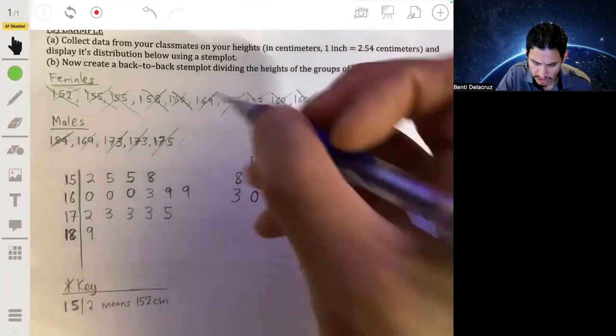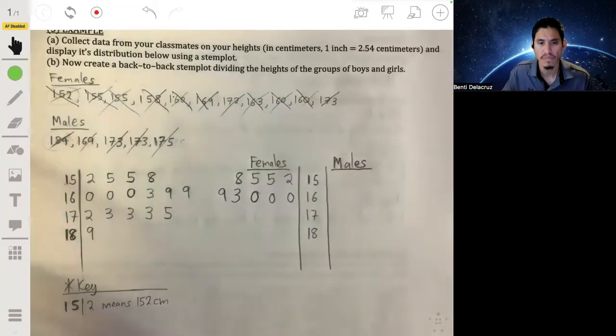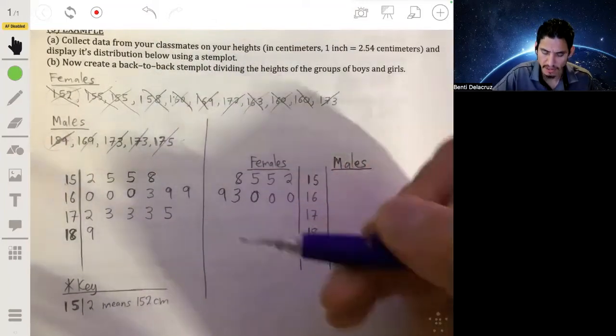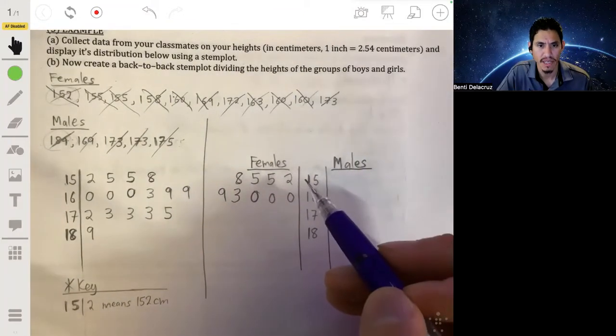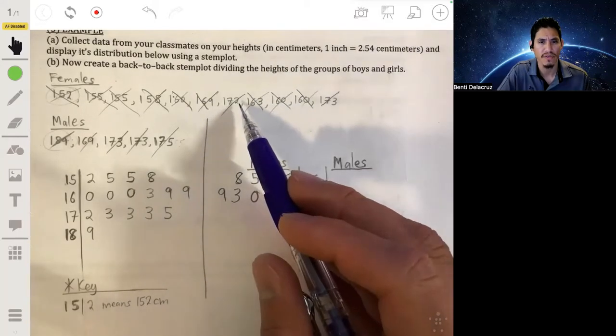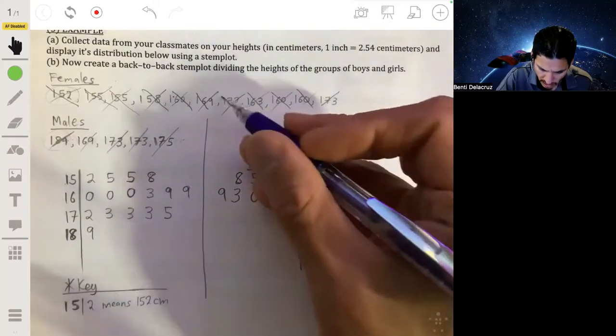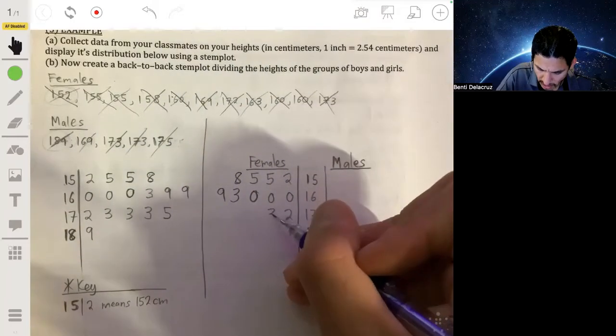And I have a 169. I put a big line here to make sure they don't interfere. Okay, now the last two I have for females are the 172 and the 173. So 172 first, like that, and the 173 like this.